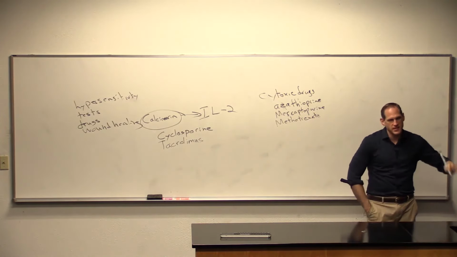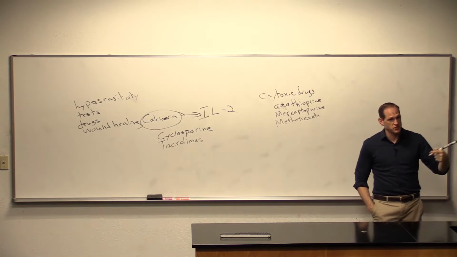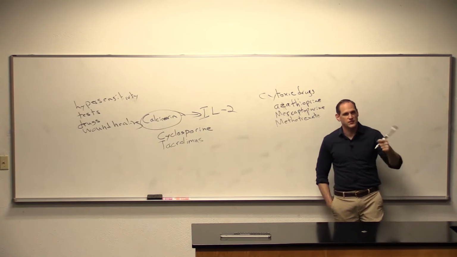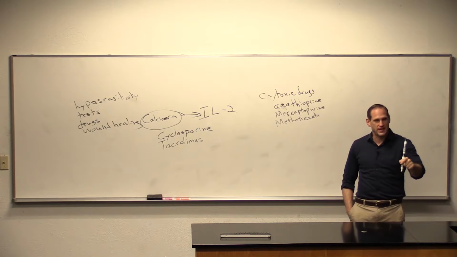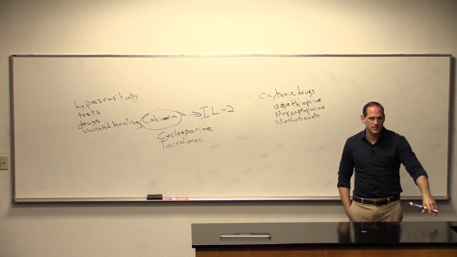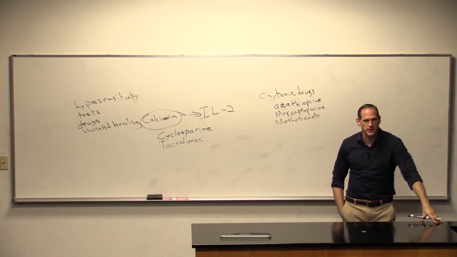Methotrexate is interesting because not only does it target fast-growing cells in your immune system, it also targets fast-growing cells that are called cancer cells. So it's actually a chemotherapy as well as an immunosuppressant. Pretty cool, huh? You don't seem thoroughly impressed, but you should be.